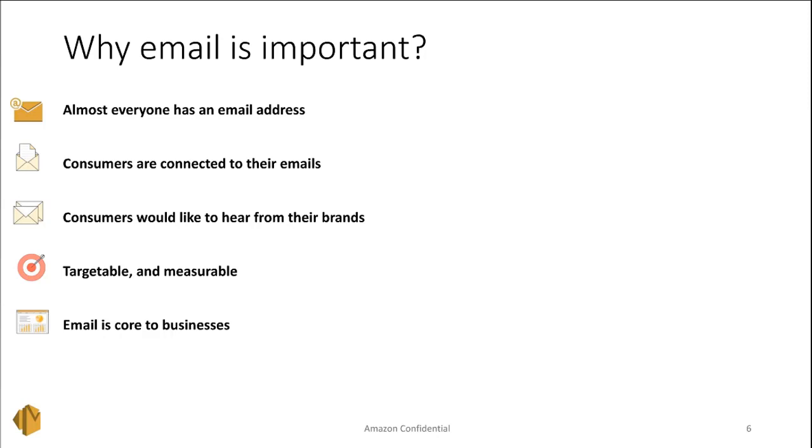And compared to other channels, email can be personalized, highly targeted, and provides measurable metrics like opens and clicks: how many times someone opened the email, and whether they clicked on a link that you have in the email. And you can use that to fine-tune your engagement. You don't have to blast email to everyone.